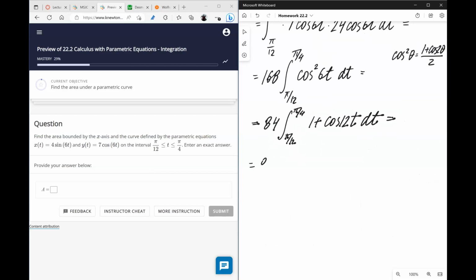And now this is easy, right? So this is just t plus 1/12 sine of 12t from pi over 12 to pi over 4.